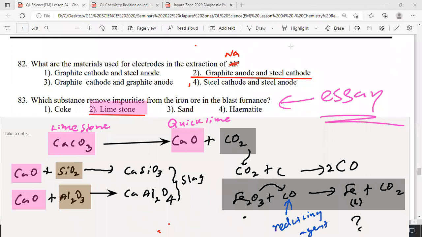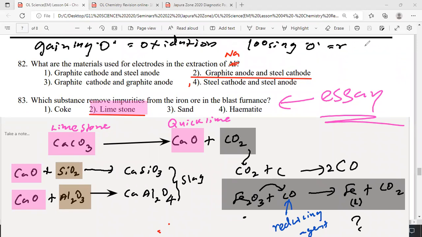If someone combines with oxygen, that is oxidation; gaining oxygen is oxidation. If someone loses oxygen, that is called reduction. Losing oxygen atoms is called reduction.